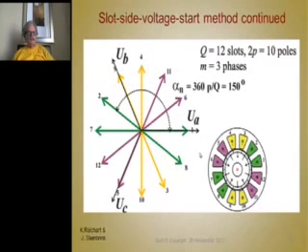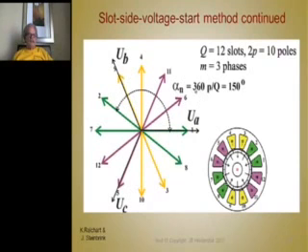So if we see, we have 12 slots and 10 poles. So if we determine what the angle is between slot number 1 and slot number 2, we do that. This angle shows us how to number these slots, so you can come up with your winding pattern.